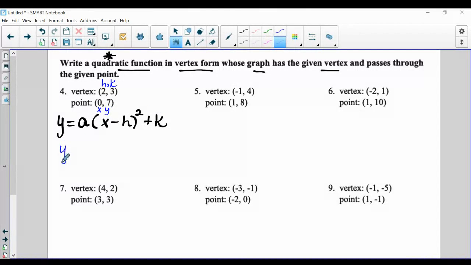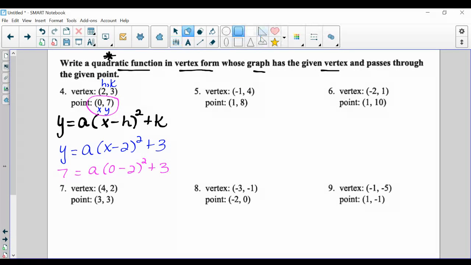And so let's start with plugging in (h, k). So we'll get (x minus 2) squared plus 3. We need to solve for a, and this is where we're going to use that second point right there. 7 equals a times (0 minus 2) squared plus 3.